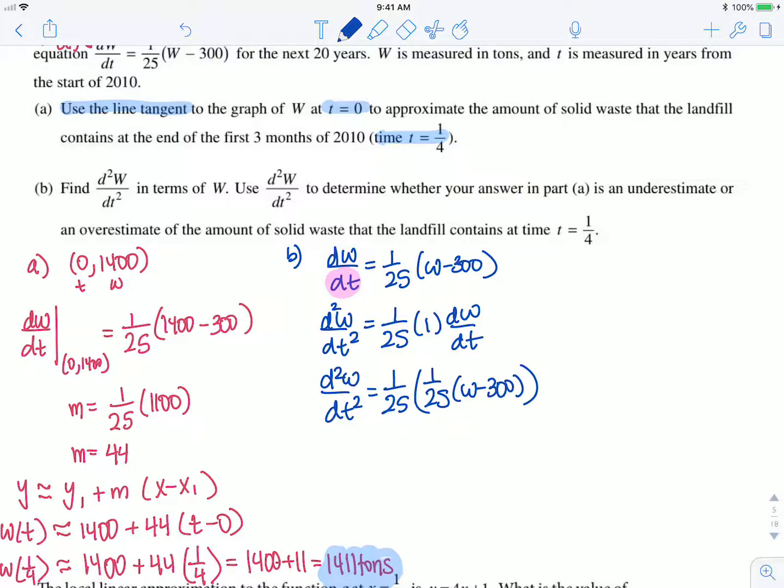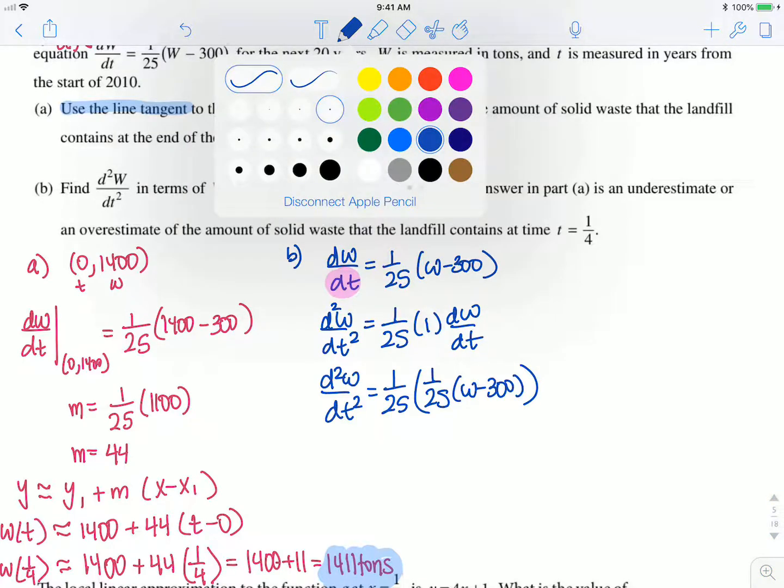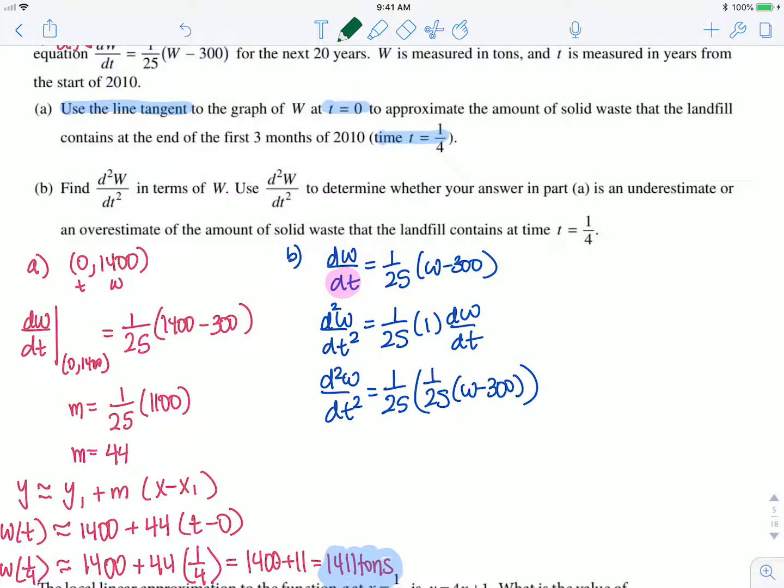So my second derivative is going to tell me my concavity at the point of tangency, and we want to see if our function was concave up or concave down. So I'm going to take this second derivative and plug in our point of tangency to see if we get a positive or negative number.